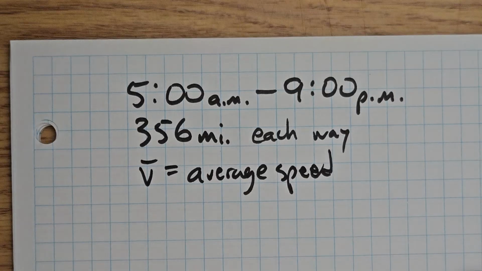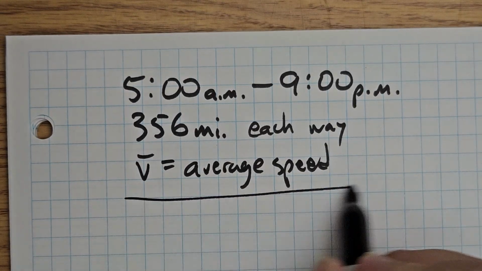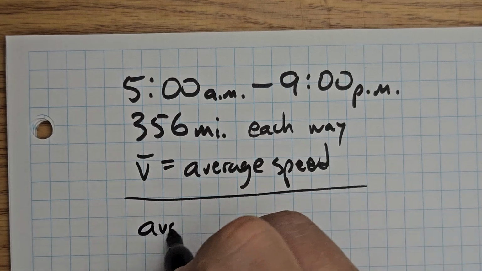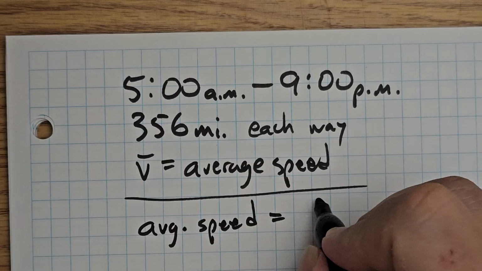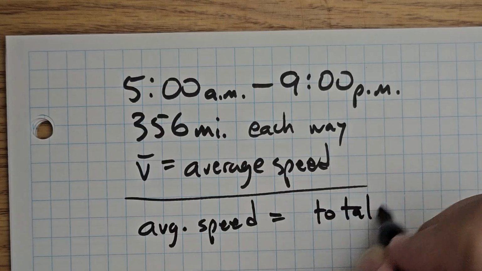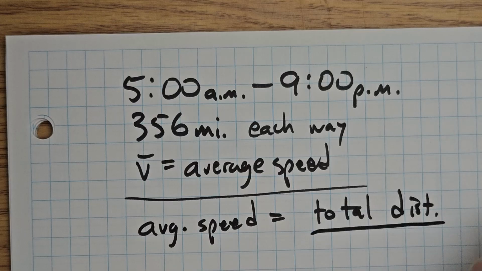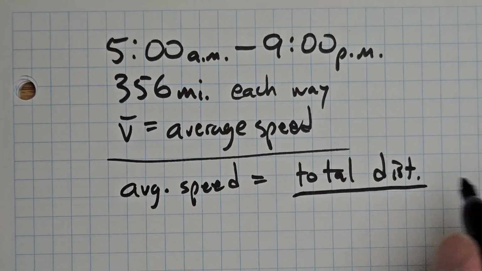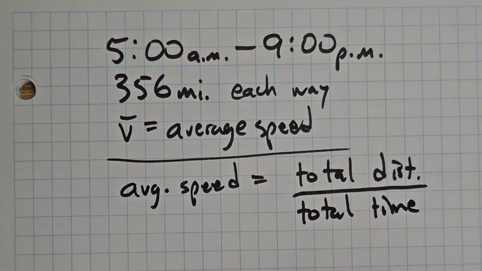Okay. So let's understand that to calculate that, my average speed is equal to my total distance traveled divided by the total time I traveled.